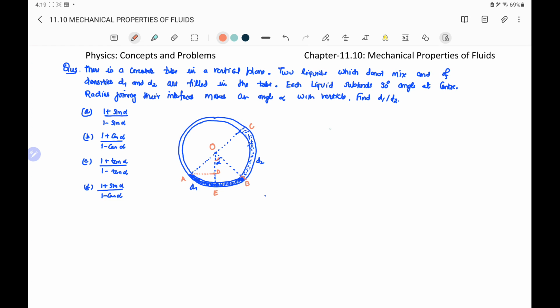So we can write that the pressure at point E from the left hand side should equal the pressure at E from the right hand side.